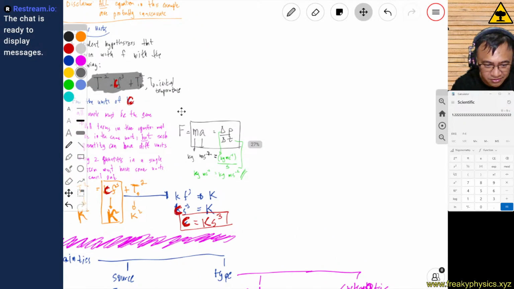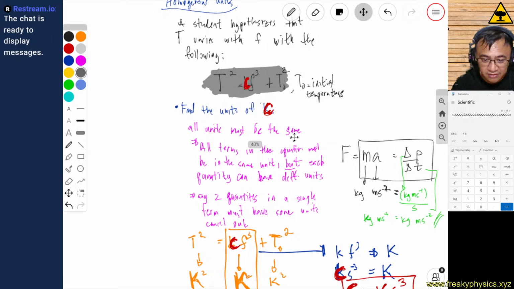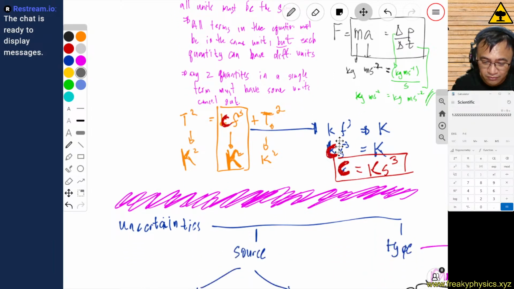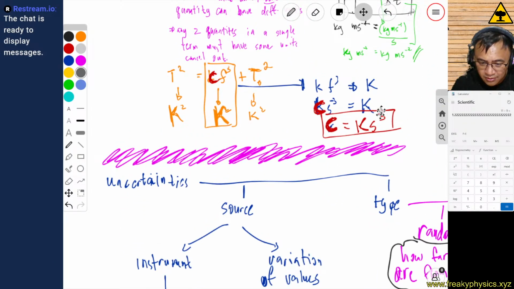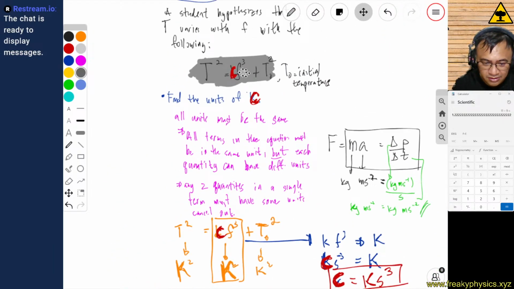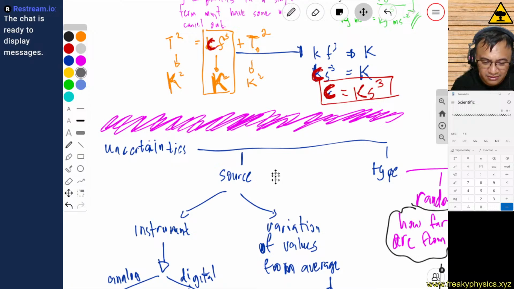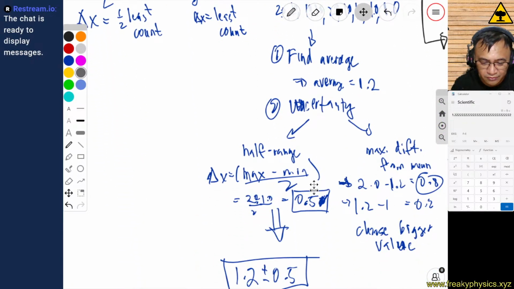So again, once you're given the equation, don't give into the temptation to find an equation in the data booklet or data sheet or whatever other thing you've been given. Resist that temptation. Start with the equation that's given to you. Then from the equation given to you, you can find the value of some constants, in this case cf cubed, we're looking for the c. Once you find that, you're going to have to deal with uncertainties.